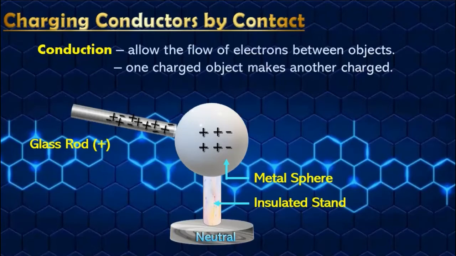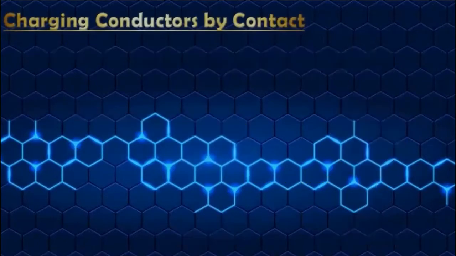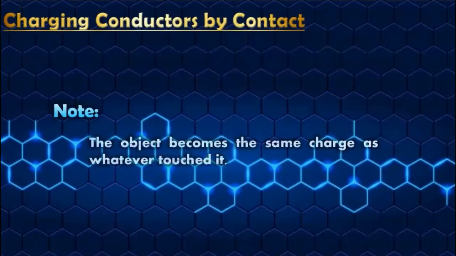When that happens, the metal sphere loses electrons. Therefore, from neutral, the metal sphere now becomes positively charged because it gave away electrons. Take note, when charging by conduction, the object becomes the same charge as whatever touched it.